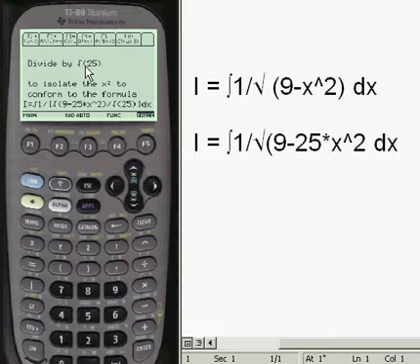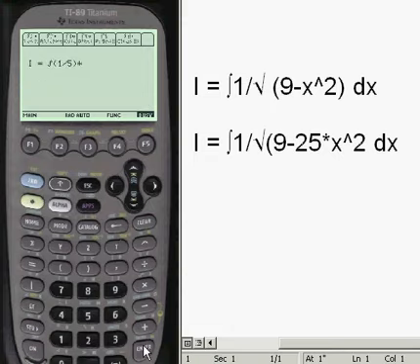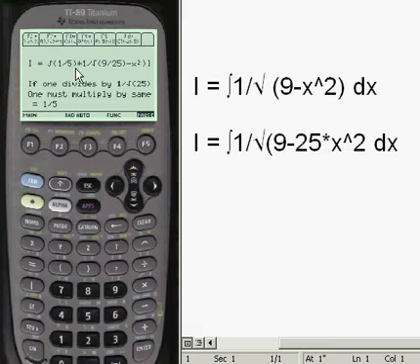So we divide by the radical 25 so that we can isolate the x squared all by itself, like this one, okay? So we do that, we get 9. I'll show you that we're dividing by the radical 25 here. And when we do that, we get 1/5 outside of the radical, and 9 divided by 25 inside the radical, x squared, okay?